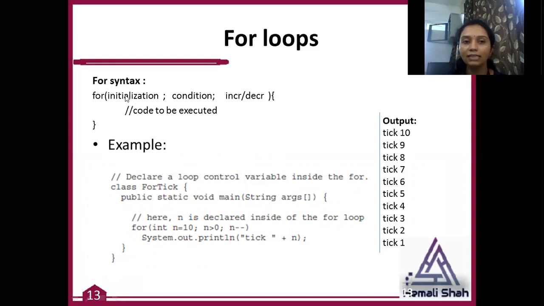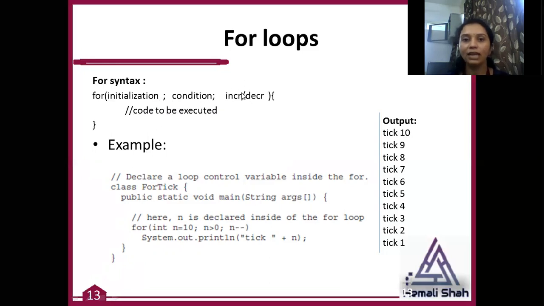Here, the initialization statement executes first, and it initializes loop variables with the decided value. Then it checks the condition. If it becomes true, then and only then it executes the body part of the loop. Then after executing the body part, it always executes the increment decrement statements of the loop.